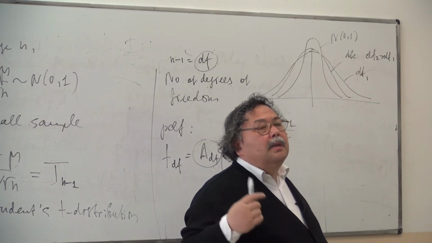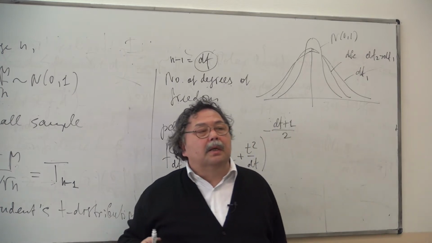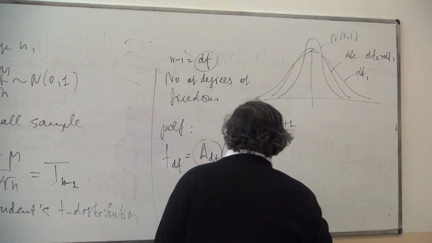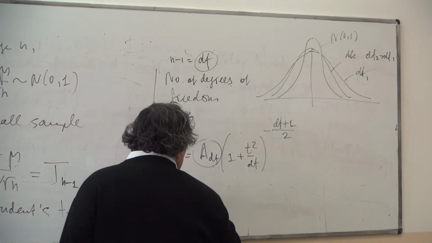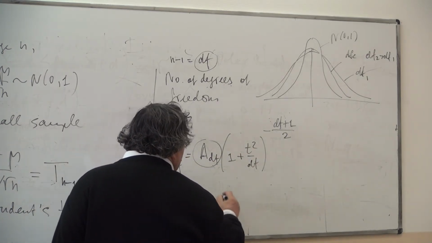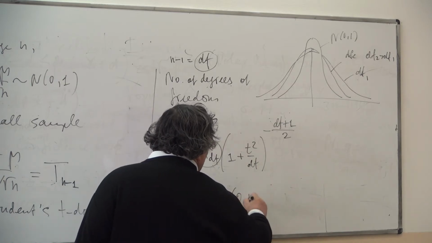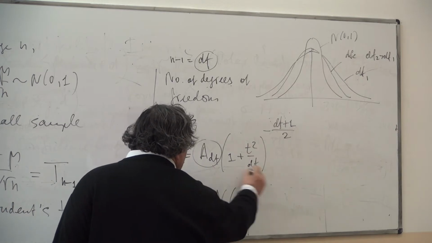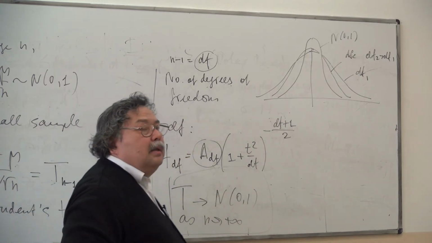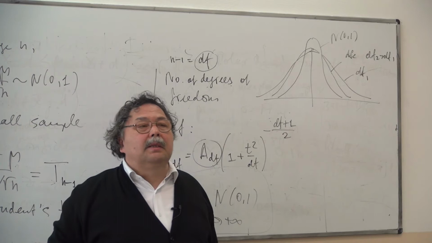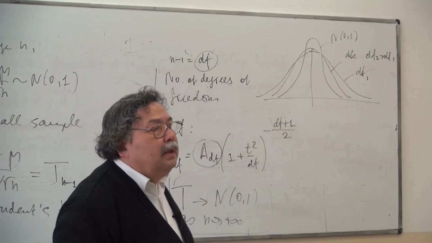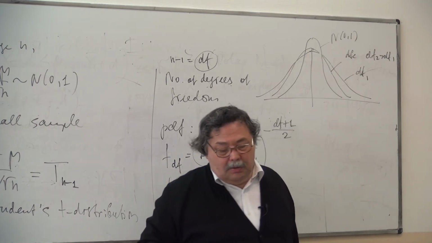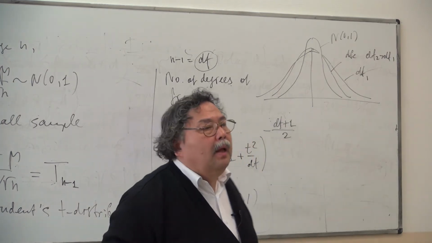Actually, when df becomes very large, as df goes to infinity, the t distribution approaches the standard normal distribution. So the standard normal distribution is the limiting case of the t distribution when the number of degrees of freedom goes to infinity.